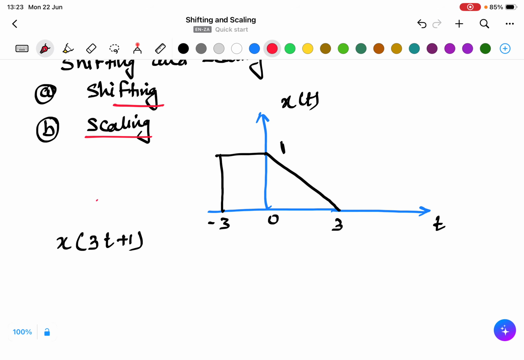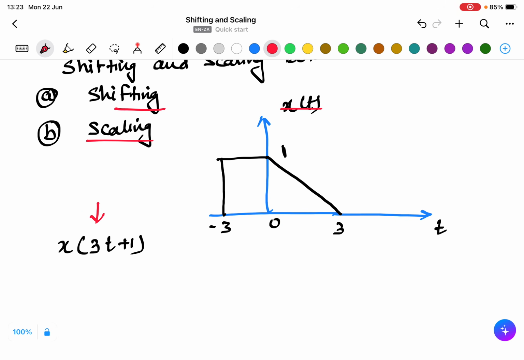So you have to forget that there's a 3 with it. The signal is given to you here, so you will start with x of t, whatever is given to you, and depending upon that you have to start working. So you will do shifting. What is shifting? Shifting is only one value here, so you will shift this signal by a value 1, and it's positive, so you will shift this signal by -1 on the left hand side, or you can say by value 1 on the left hand side.